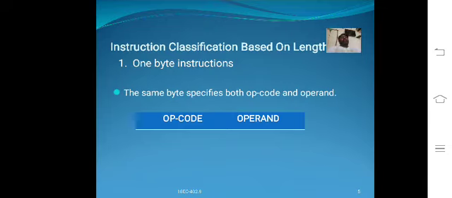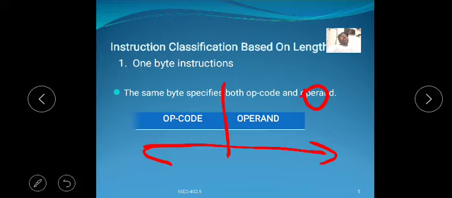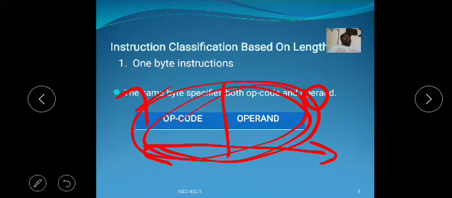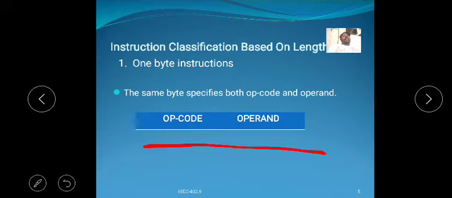The length of the byte is 8 bits, bits 0 to 7. This is the 8-bit length of the instruction. That is a 1 byte instruction: the same byte specifies both the opcode and operand.